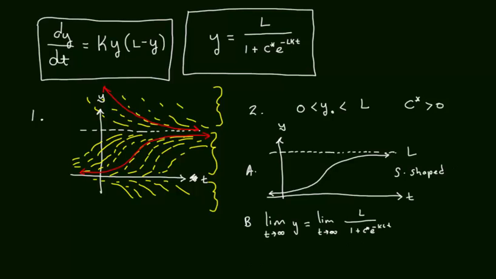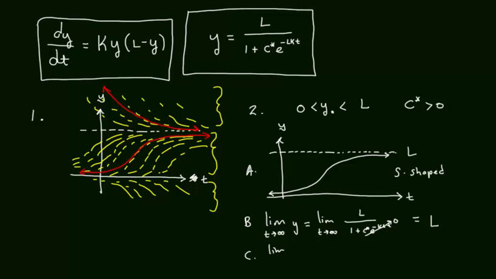In part B of number 2, it asks for the limit as t goes to infinity of y, which is the limit as t goes to infinity of L over 1 plus C star e to the negative kL t. So if t is going to infinity, then this quantity here is going to 0, making our limit equal to L, which makes sense according to the diagram above.